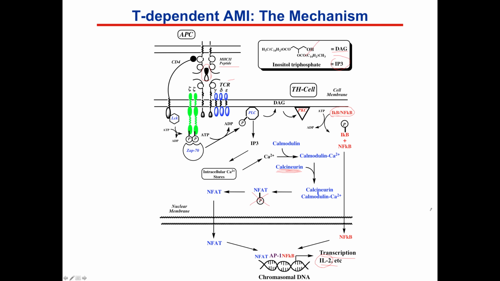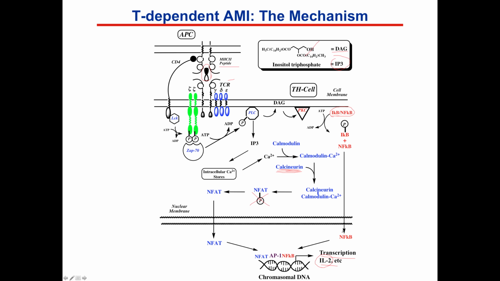And so again, just to recap, NF-kappa B is the transcription factor. This pathway diverges into two pathways in which you have inositol triphosphate, which leads to NFAT dephosphorylation, and NFAT and AP1 binding to the promoter region. The other part is the activation of NF-kappa B, in which protein kinase C phosphorylates the inhibitor.